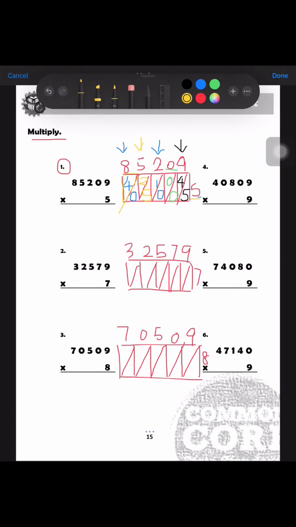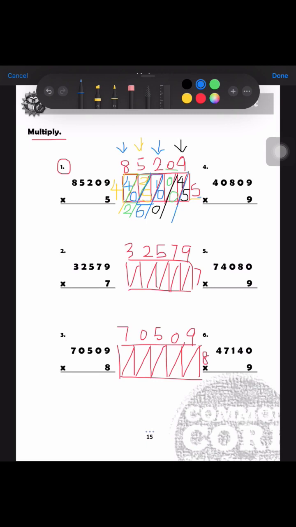And then we add the numbers down the diagonal strips. So this area is 4. And next, 2 plus 0 equals 2. And then next, 1 plus 5 equals 6. And then next will be 0 plus 0 equals 0.